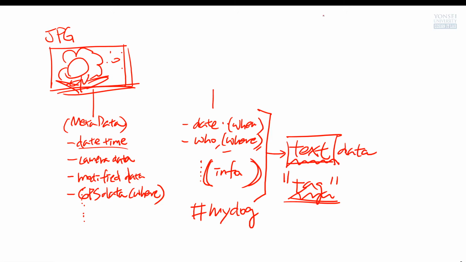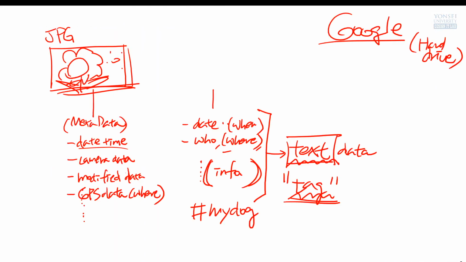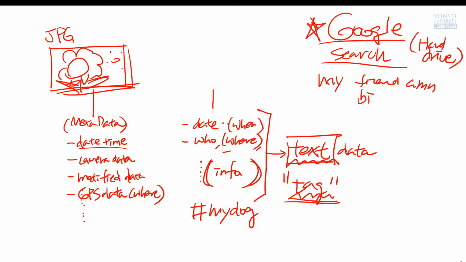So when you search Google, or even your hard drive, what you type in is, of course, your friend's name, my friend Anne, birthday party, something like that, okay?